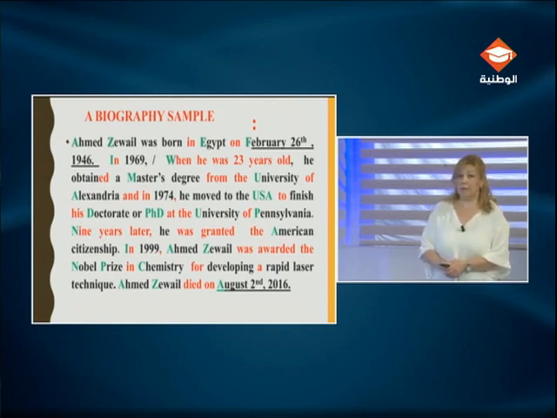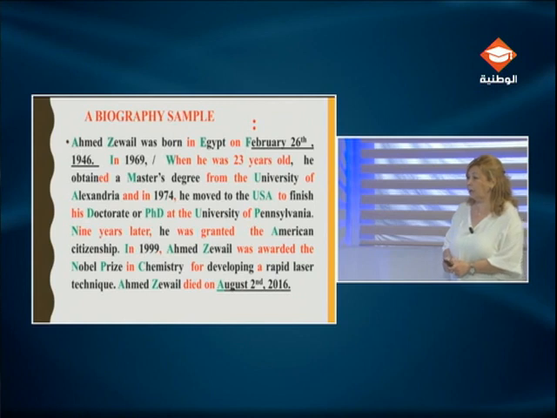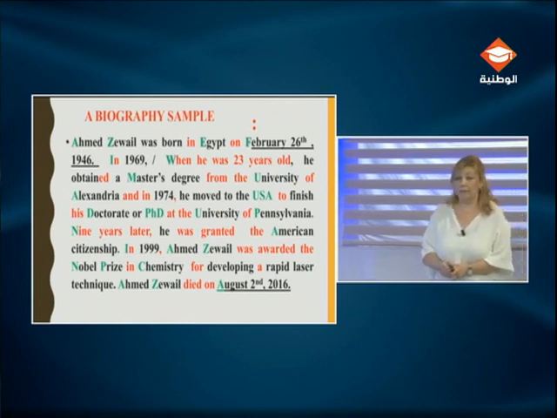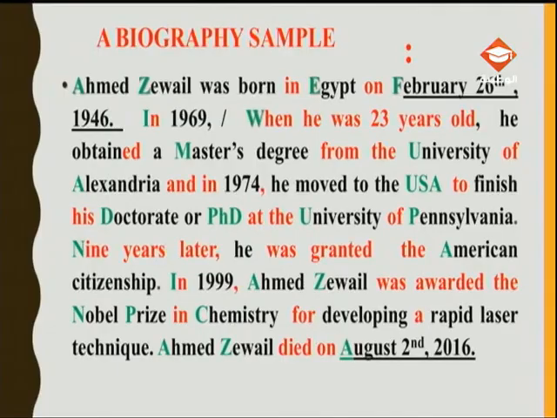He was granted, of course, the American citizenship. As you can see, in biographies, you need to use short sentences. In 1999, Ahmed Zewail was awarded the Nobel Prize in Chemistry. Why? For developing a rapid laser technique. Last sentence, Ahmed Zewail died on August 2nd, 2016.